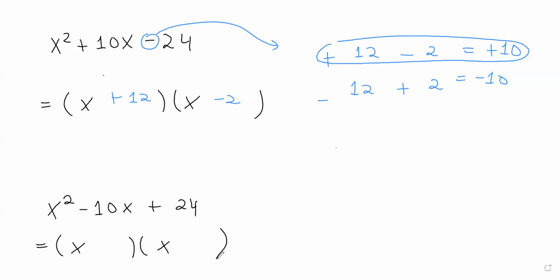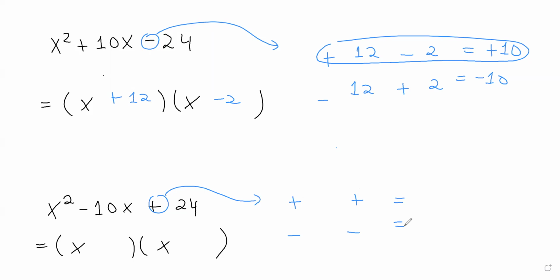The sign of my constant tells me the signs of my answer. This is positive, and you can do this in your head once you get more comfortable. I just like to remind myself, how can I get a positive 24? It has to be a positive times a positive, or a negative times a negative, which also gives me a positive number.